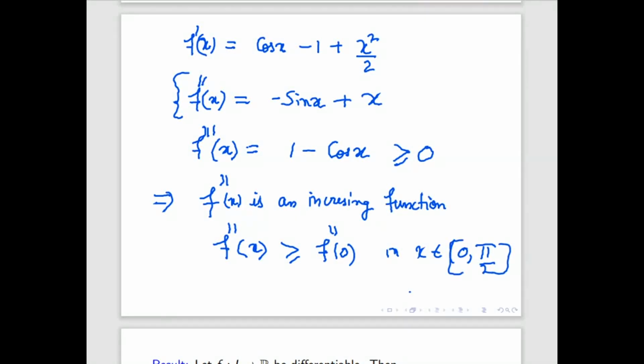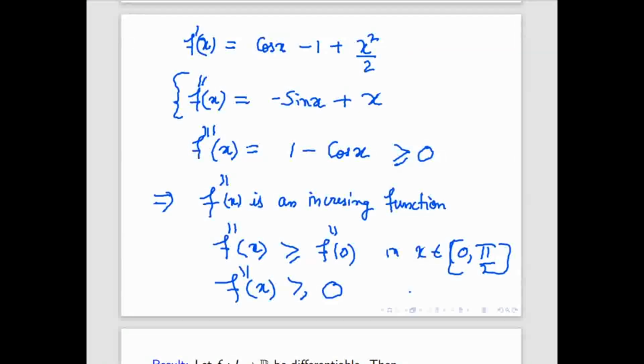Yes, because it is an increasing function, so the value at 0 will be the minimum, and the remaining points will be larger. So what is f double dash 0? If you put x equal to 0, you will get 0. That means the double derivative is greater than or equal to 0, and that means f dash is an increasing function.